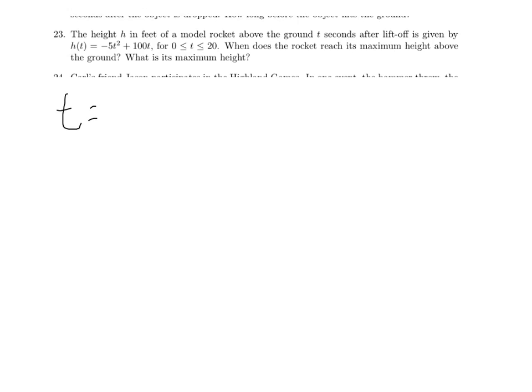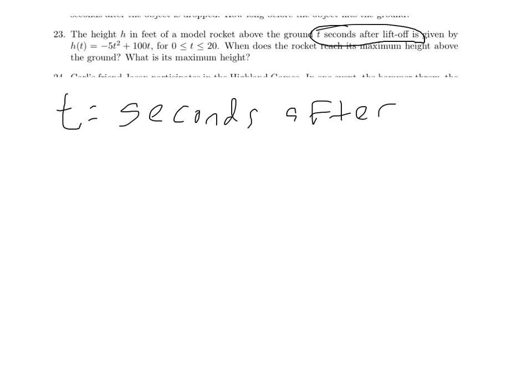We want to make sure that we understand the t. It says the height h in feet of a model rocket above the ground t seconds after liftoff. So this represents the number of seconds after liftoff.